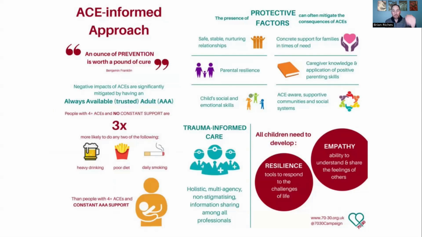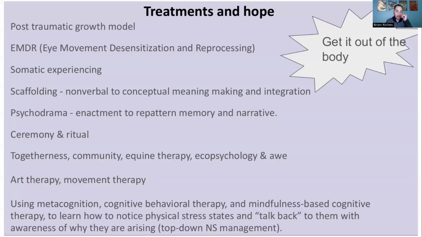So with that being said, emotion, stress, trauma, we've talked about a lot today, and I want to lead into some of the specific treatments. For trauma especially, these are a lot of things that are used for treatments of trauma. One that you'll focus on in your hybrid activity is art therapy, but also being with other people, trying to build your own skills, even things like EMDR, psychodrama, having rituals and community.